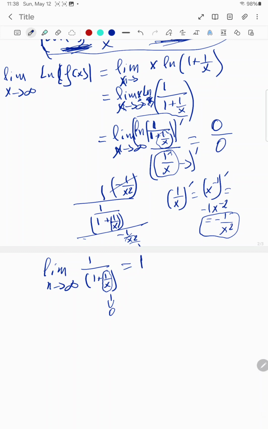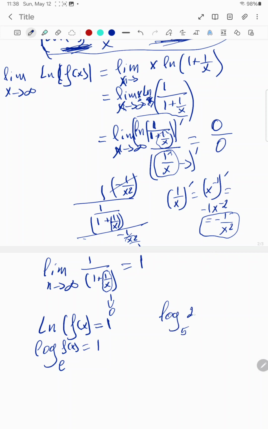So I can say that ln of f of x is equal to 1, or log to the base e of f of x is equal to 1, and there is one of the logarithmic rules that says log to the base, let's say, 5 of x is equal to 2. So I can say that 5 to the power of 2 is equal to x, and x is equal to 25.